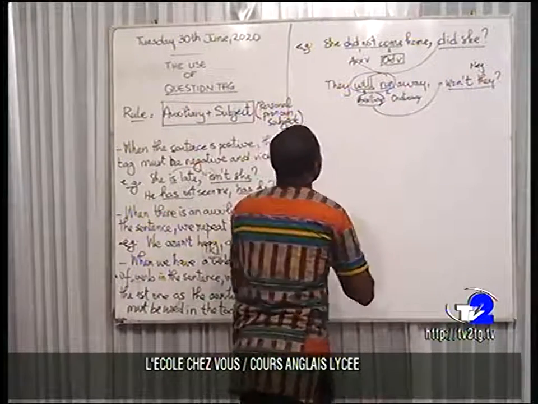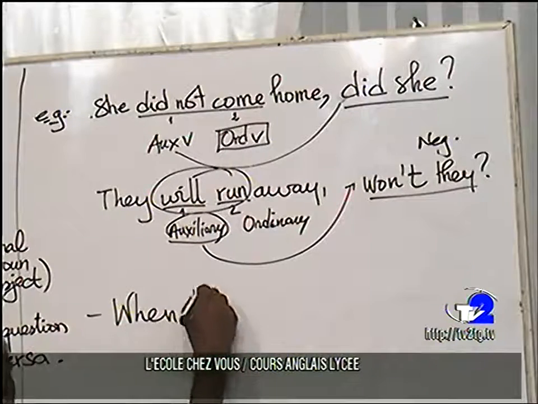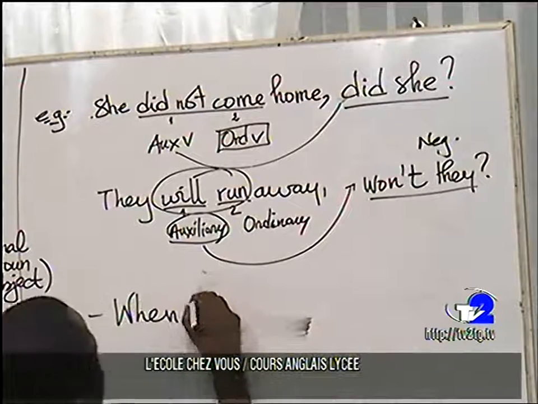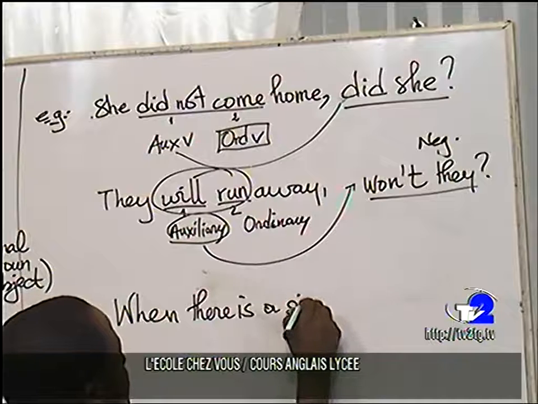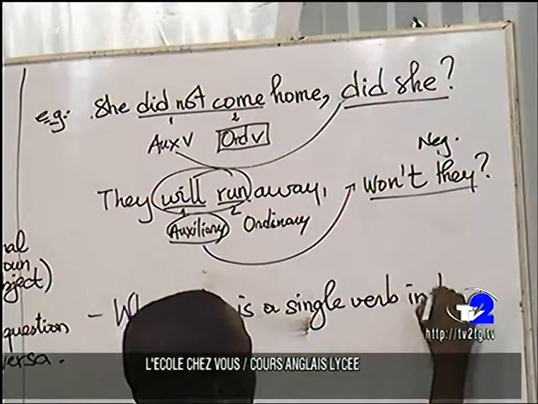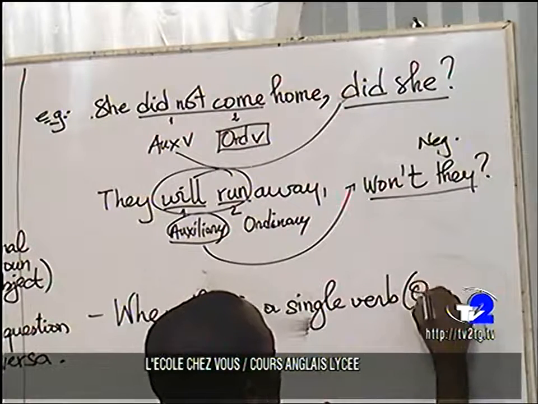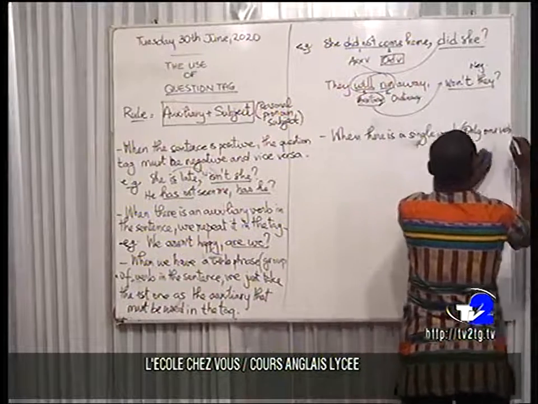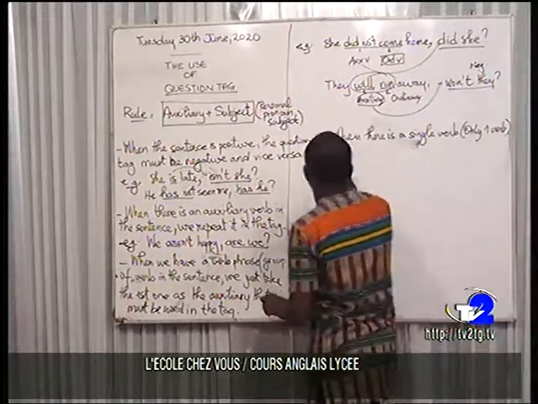Now, let's go to the third one. When there is a single verb in the sentence, it means only one verb.